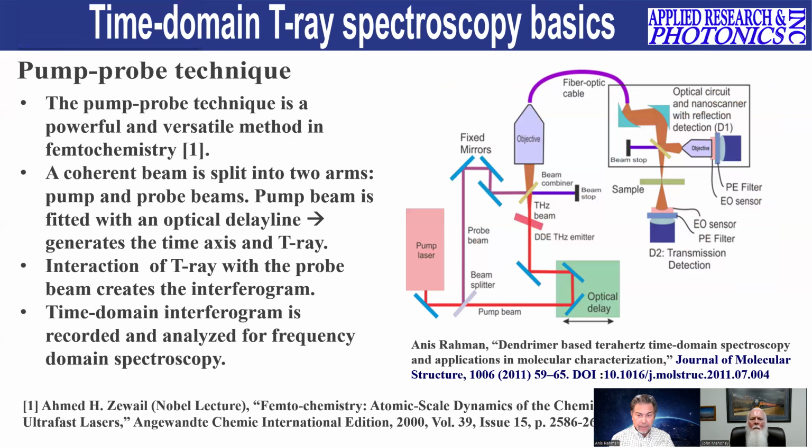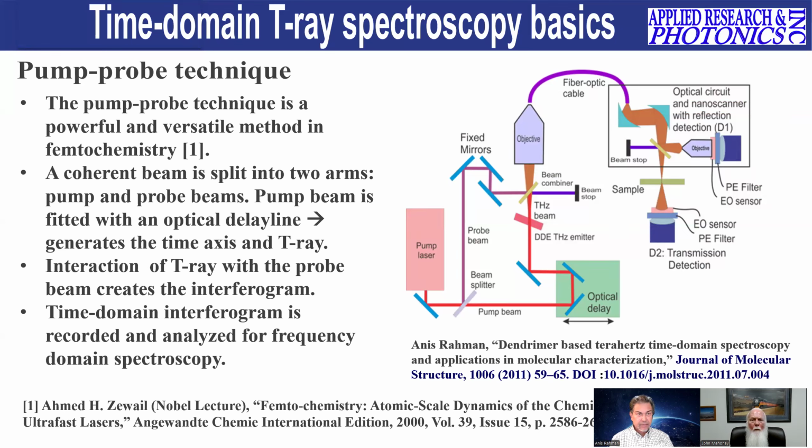For completeness' sake, the technique that is applied here is called the pump probe technique for spectral measurement. As you can see, this is a schematic diagram of the spectrometer circuit.